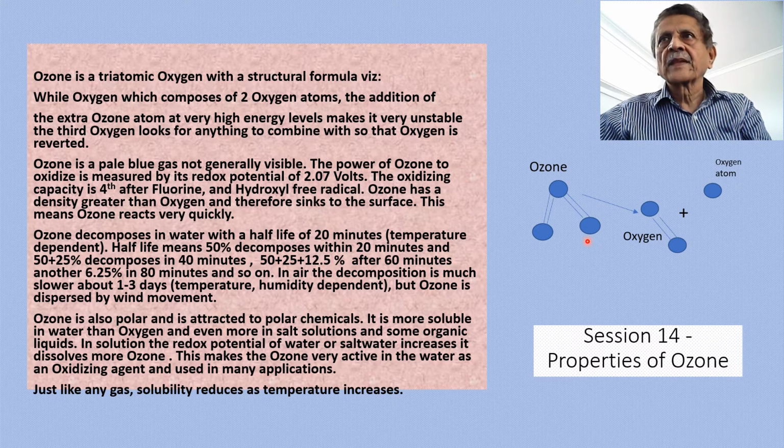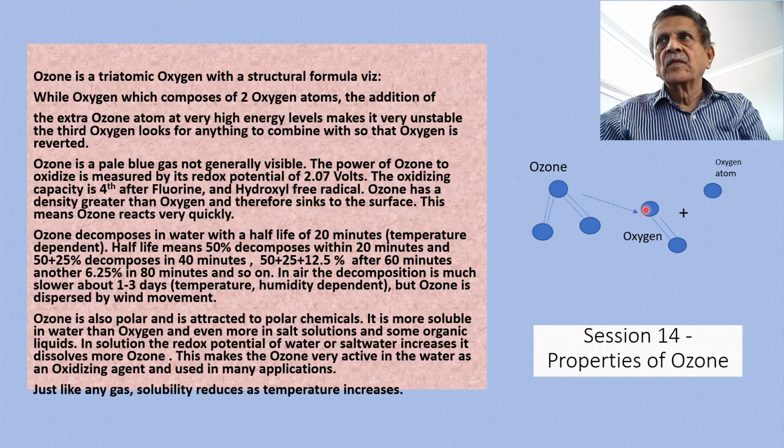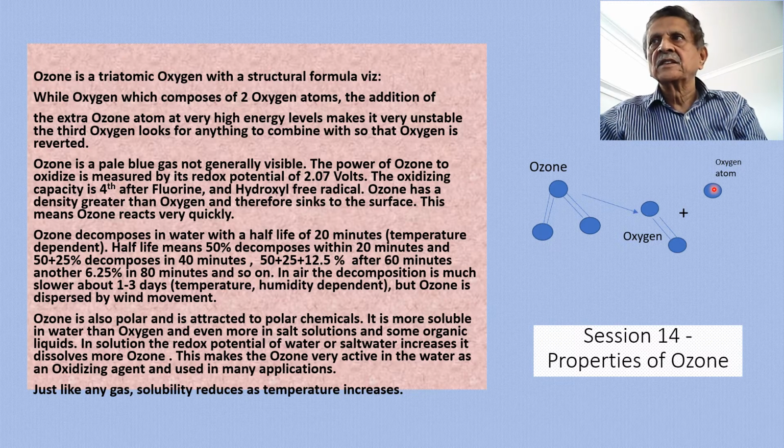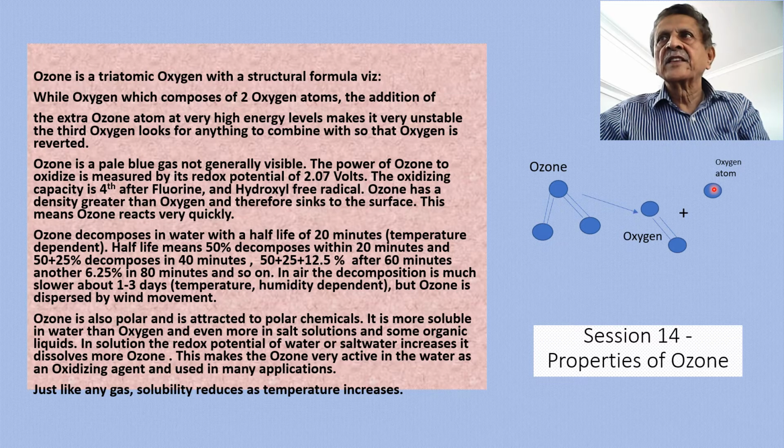Now, when ozone breaks down, it becomes oxygen, and there is an oxygen atom that comes out. This atom cannot survive on its own because it has to combine with something else to oxidize, and therefore it's highly active and reacts with anything possible.